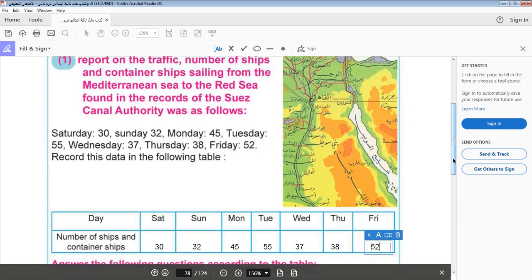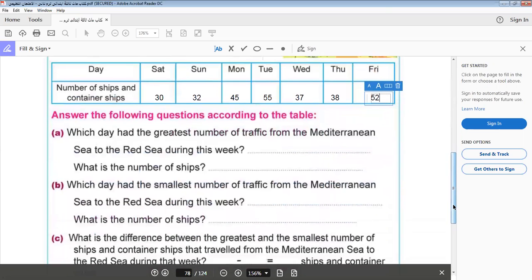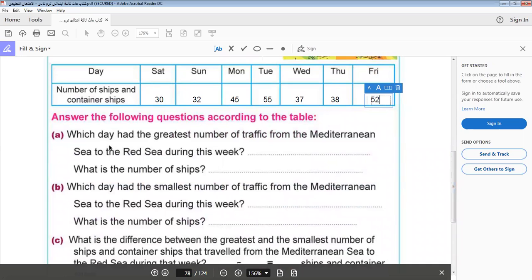Okay, look at this table and answer this. Which day had the greatest number of traffic from the Mediterranean Sea to the Red Sea during this week? How many? The greatest is 55. Okay, he asked about which day? On Tuesday.